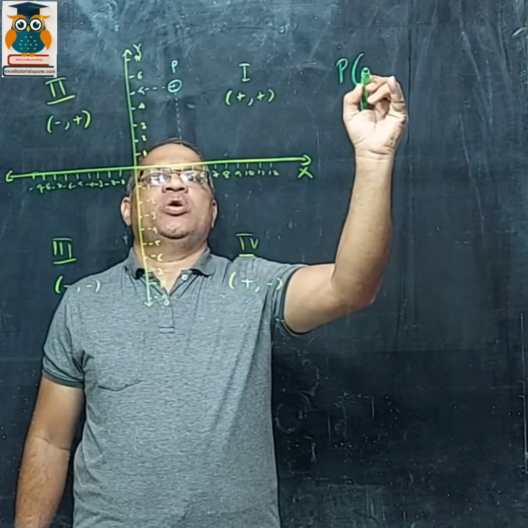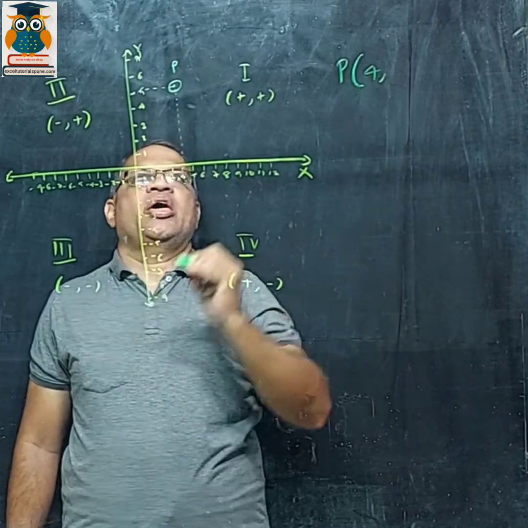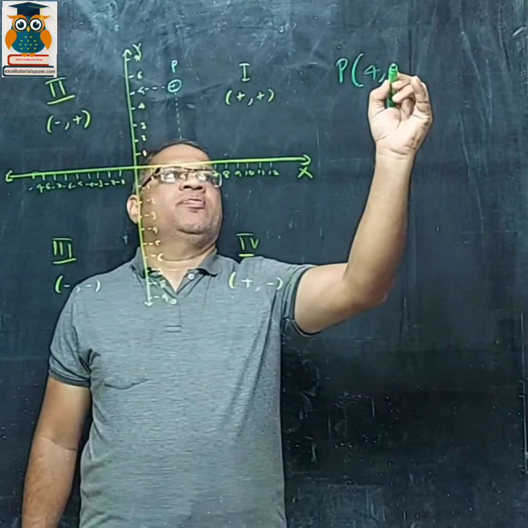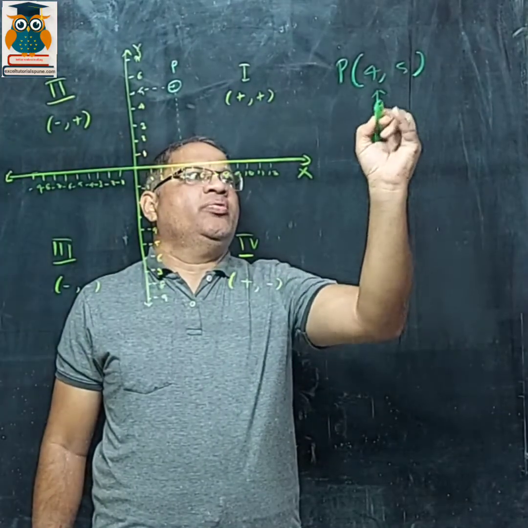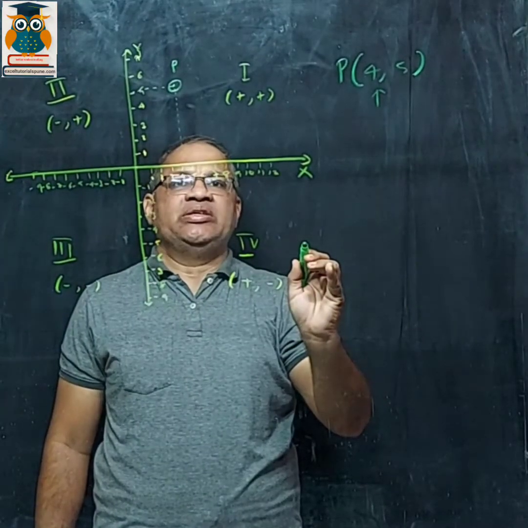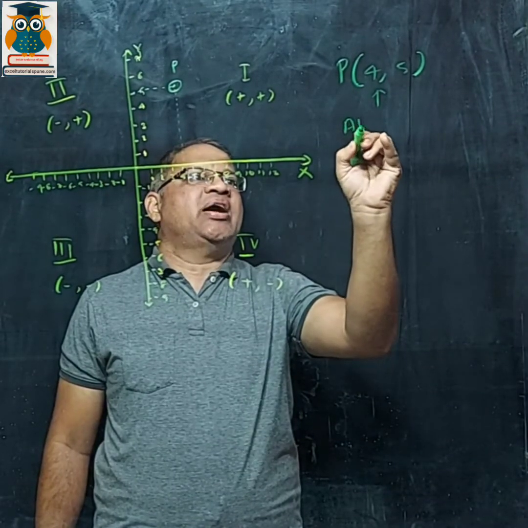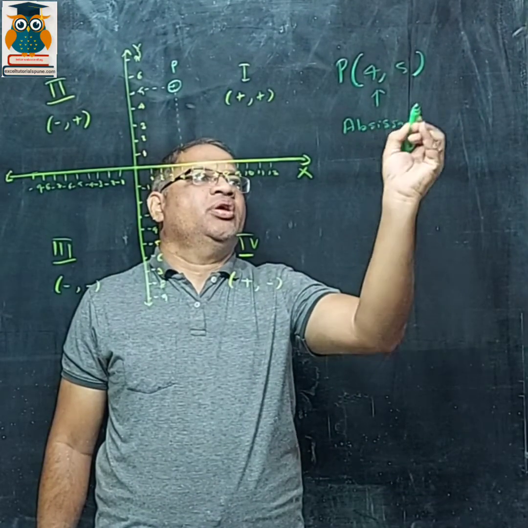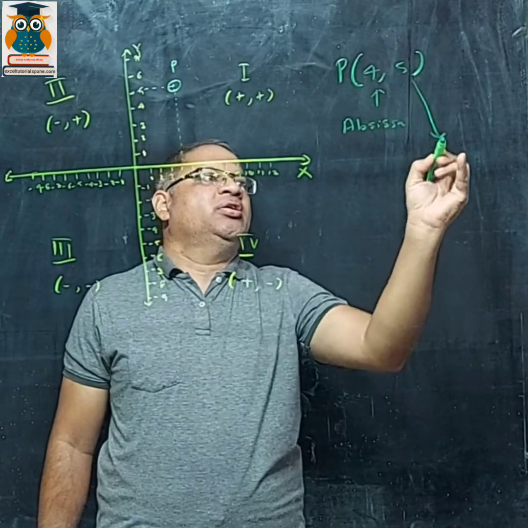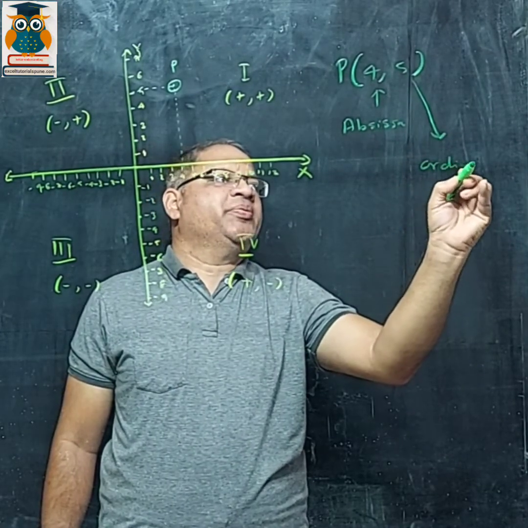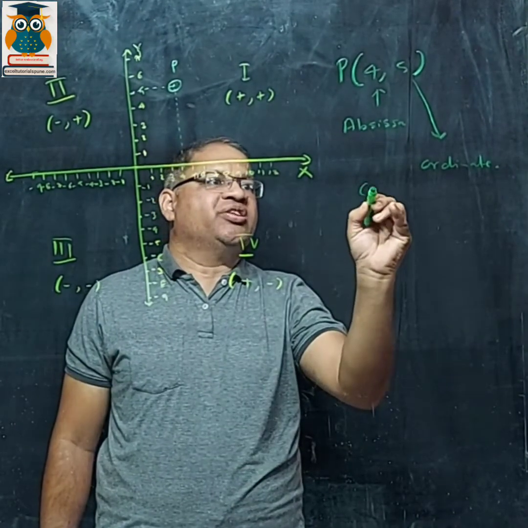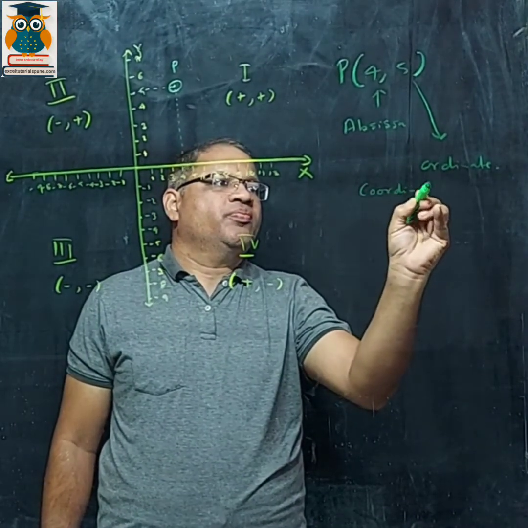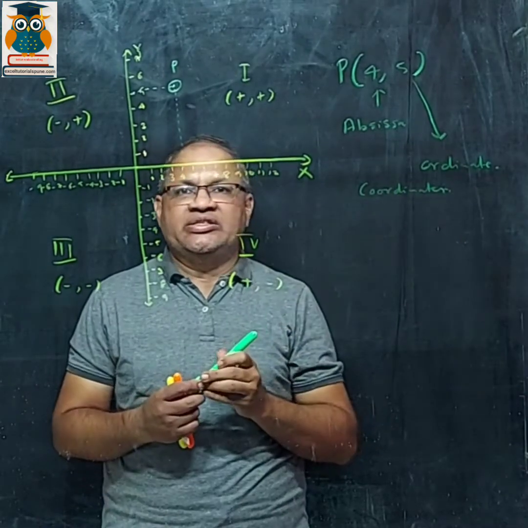So for P, x1 will be 4 and y1 will be 5. Now this one over here, which is on the x-axis, is known as the abscissa, and this one over here is known as the ordinate, and both together constitute the coordinates.